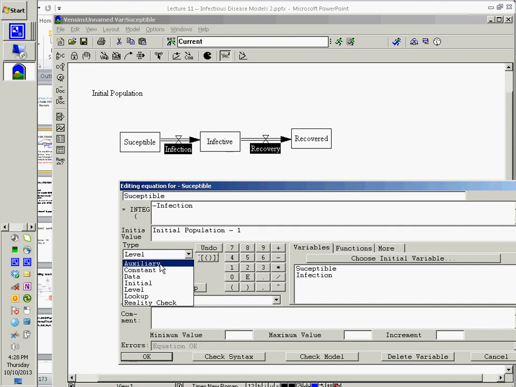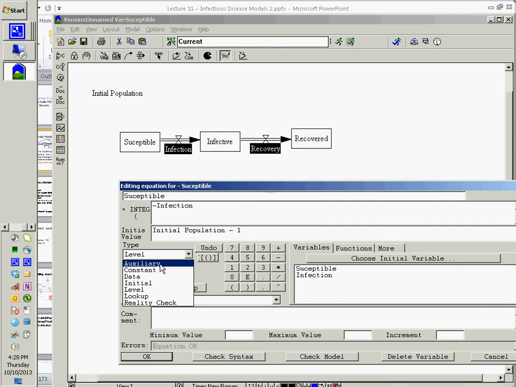A data variable can draw data from files, in other words, from files of data which might have been produced by other Vensim runs, or they might have been imported from spreadsheets or other constant files. So if we wanted to have births coming in at certain rates for different years based on historic patterns, we could declare that as a data variable, and it would suck in its data from a given file. Okay, so we could do that.